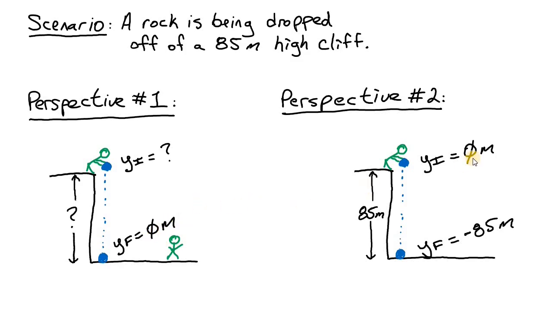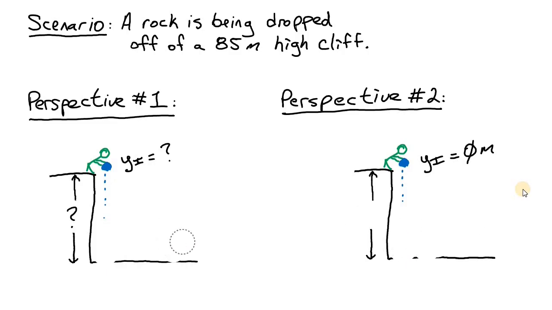But say over here, once again, let's say that the object is up here and we're trying to find the final height now. Well, we don't have the initial height and we don't have the final height, so this is no good.